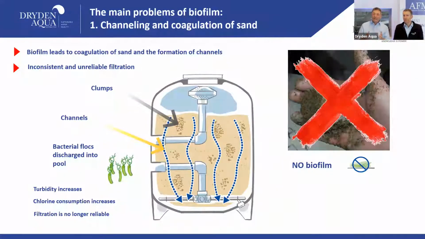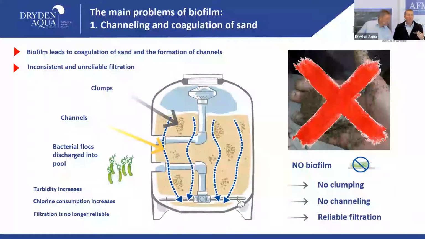So this is what is called biofiltration. And this is actually really great. It's needed in aquariums and very often in aquaculture, but not in pools. In pools, we don't need that. Absolutely not. So the consequence is, if you don't have biofilm in your filter, that means your grains are not clumping. You will have no channeling, and you will have a reliable filtration, right?